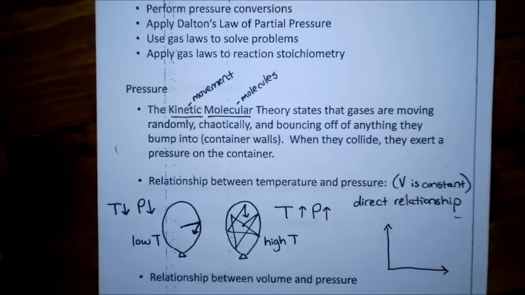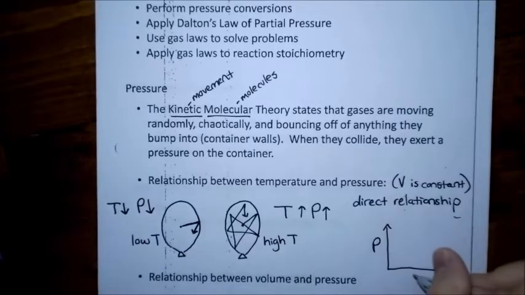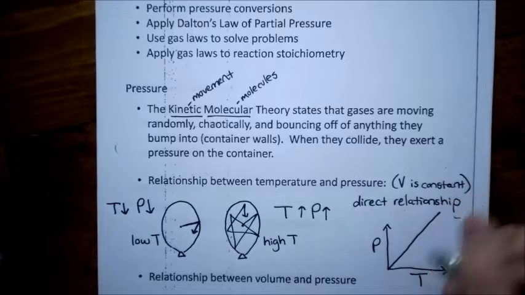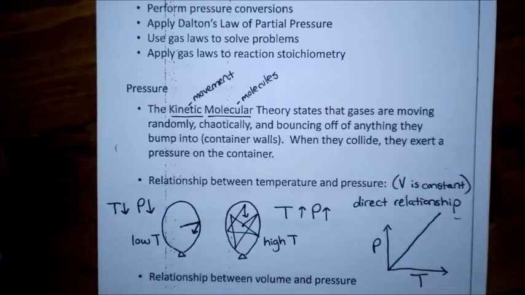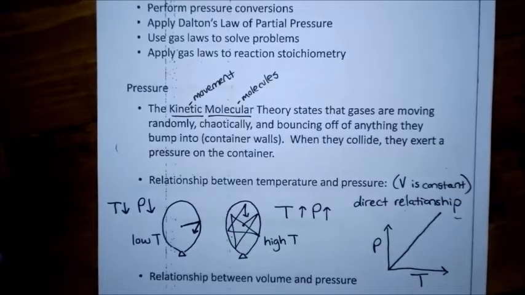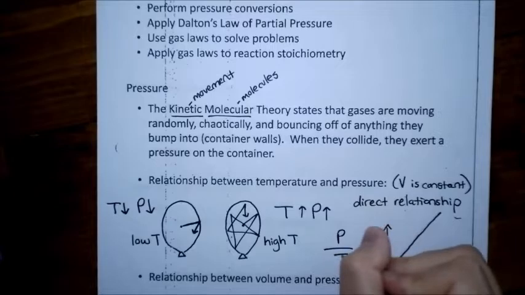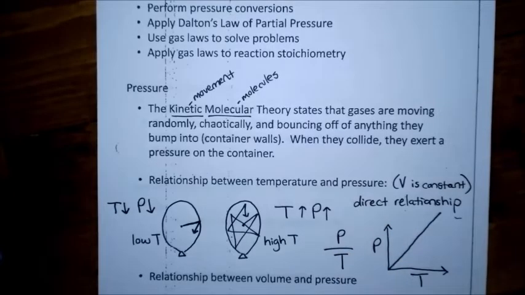So if we graph pressure versus temperature, we see a direct relationship, which ends up being a straight line. And the way that's going to look in an equation, whenever something is directly related, we're going to divide one by the other. So this is actually a good strategy for taking the SAT.